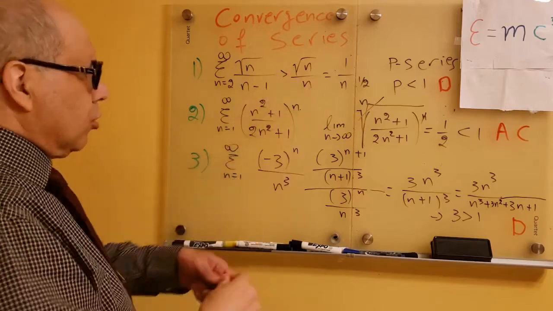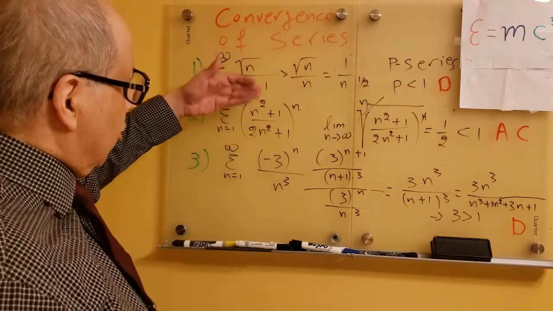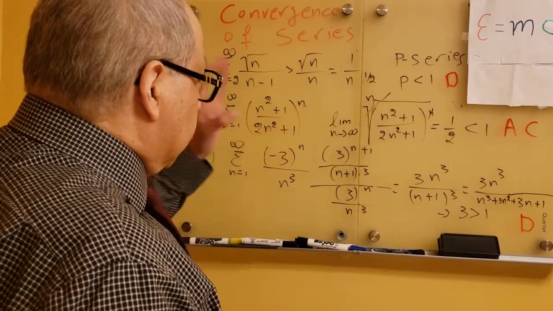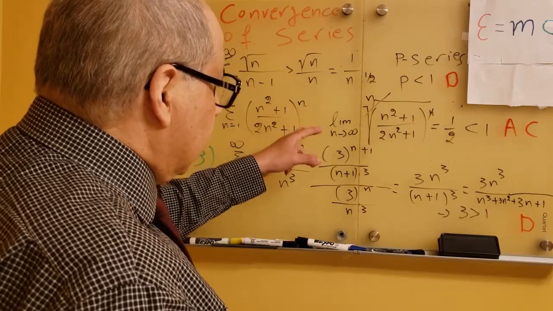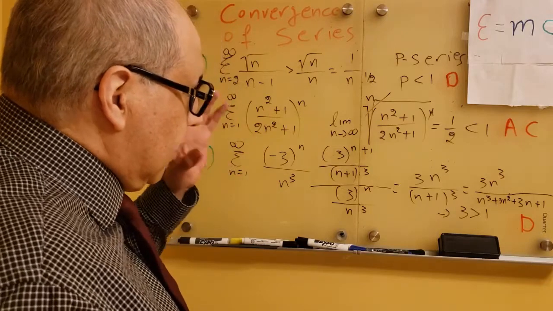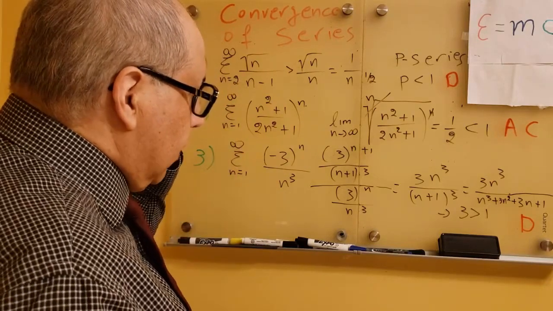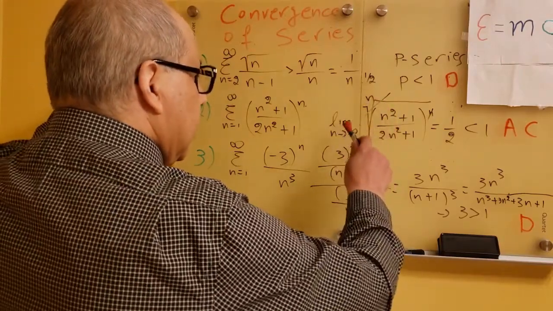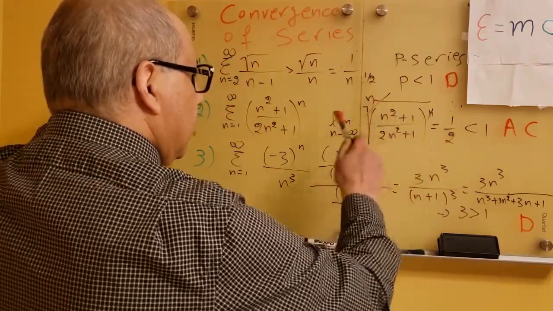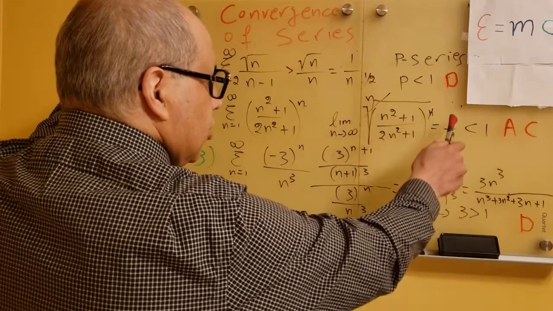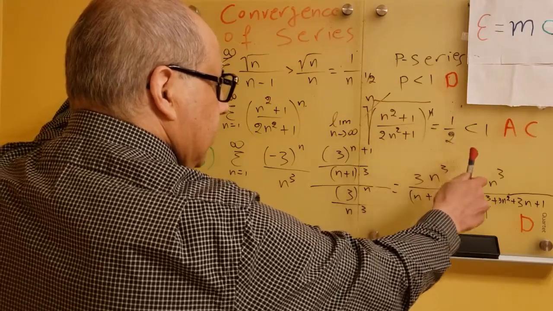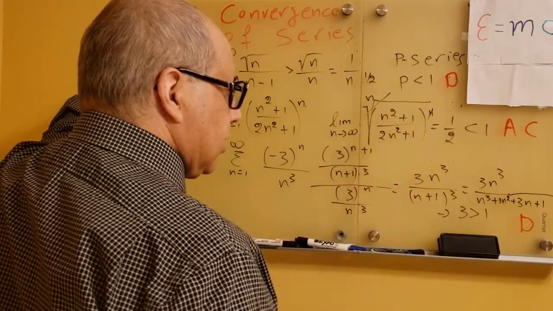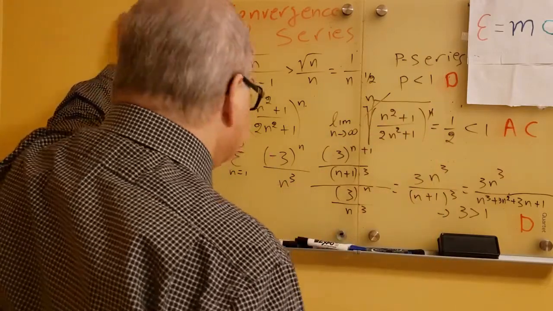Again, it's not a p-series, it's not a geometric series. It's very easy to verify these things. Because you have this n here, that refers to the nth root test. If you take the limit of the nth root of this function, you see that this limit is 1/2, which is less than 1, so this series is absolutely converging.